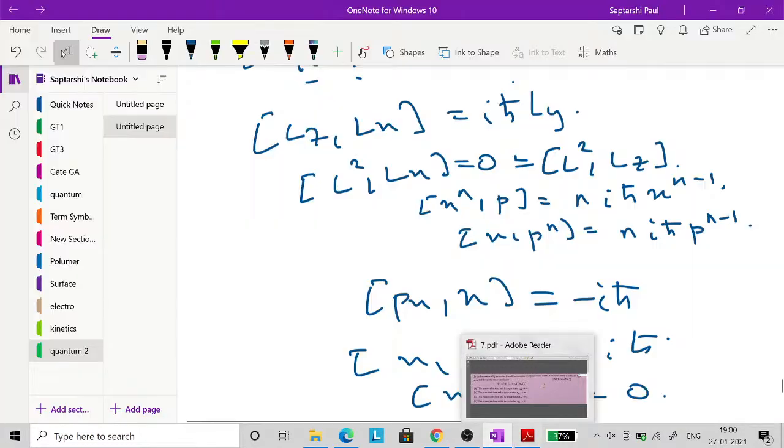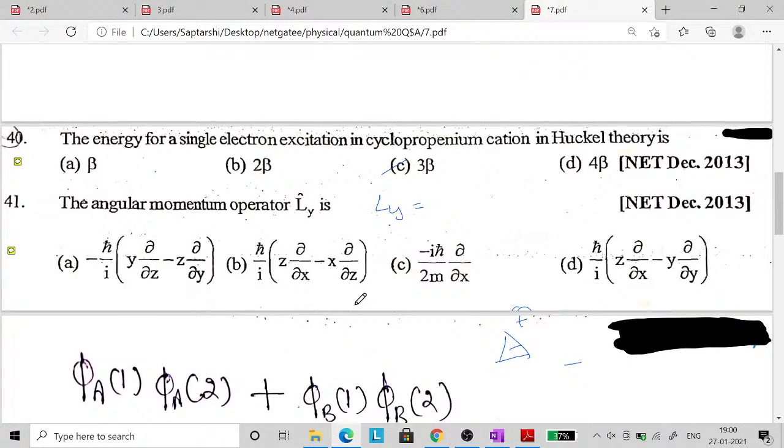So with this, let us solve the question that is given. In angular momentum, Ly is what? We learned that Ly is equal to the cyclic rule x, y, z. So x will come first, then px, minus the left part xpz.